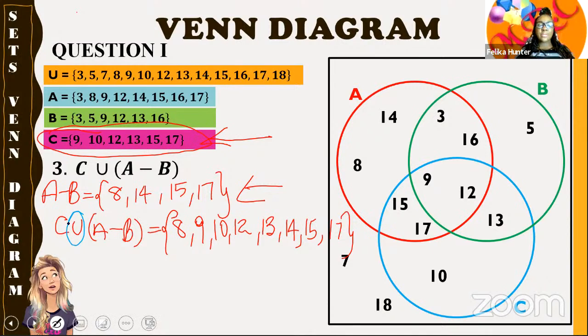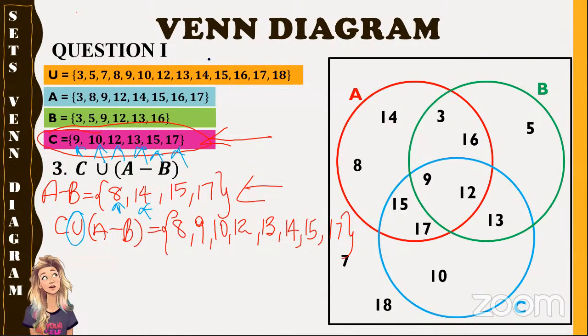So we start off with 8, the first one. Then 9, then 10, then 12, 13, 14, 15, and 17. See that? Yes, miss. Thanks. You're welcome, my darling.